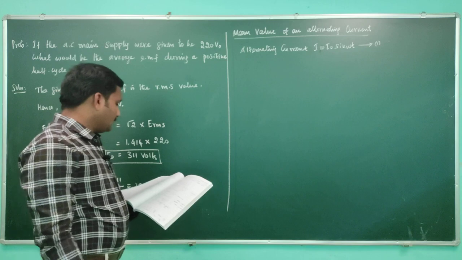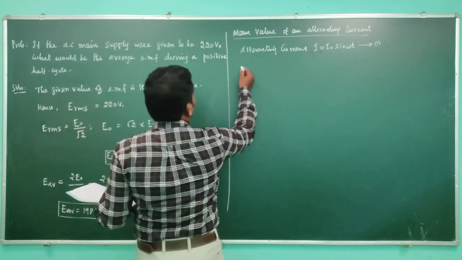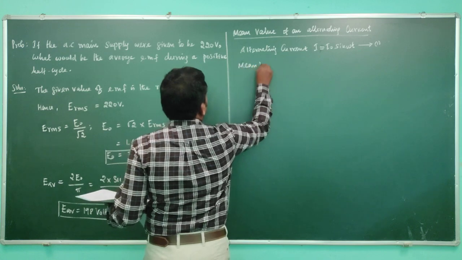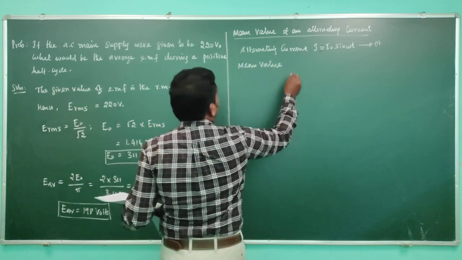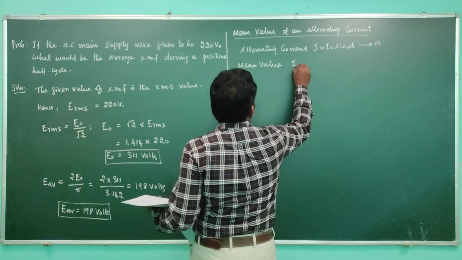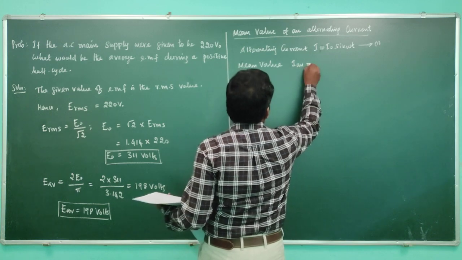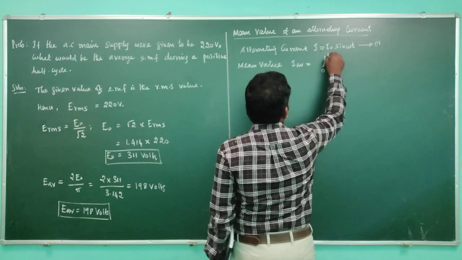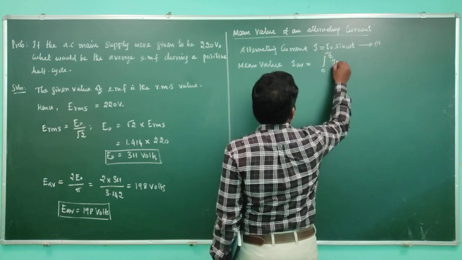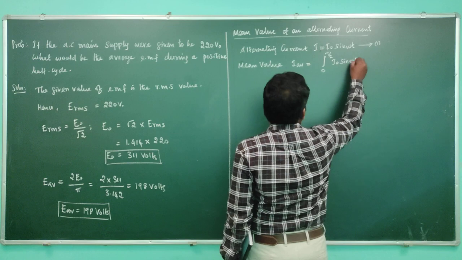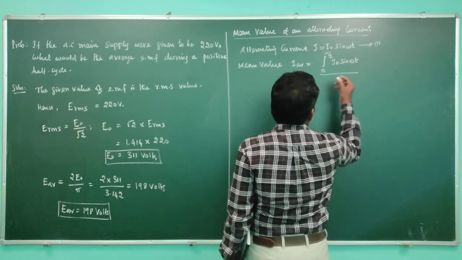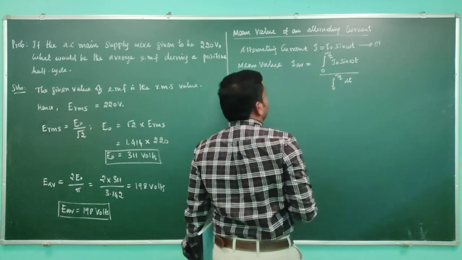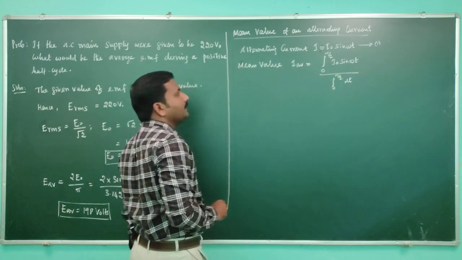Now we have to calculate the average or mean value of I. That is I average or I mean, which is equal to the integral from 0 to T by 2 of I naught sin omega t dt, divided by the integral from 0 to T by 2 of dt.